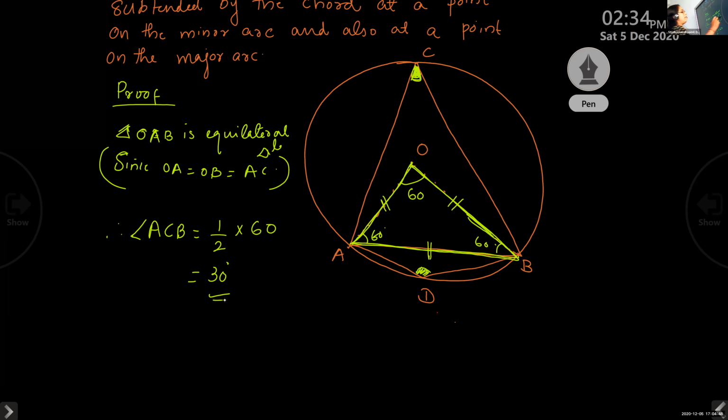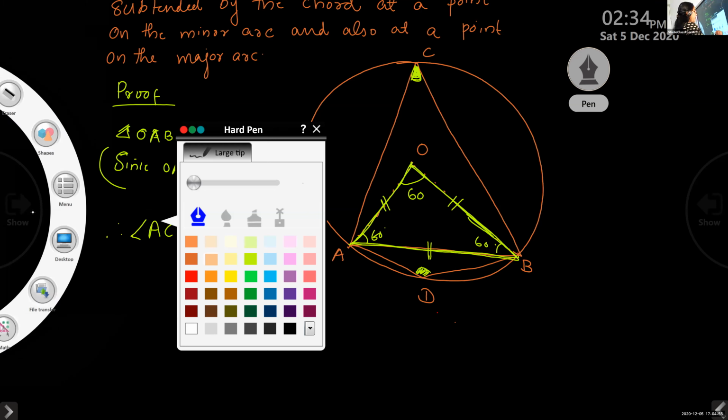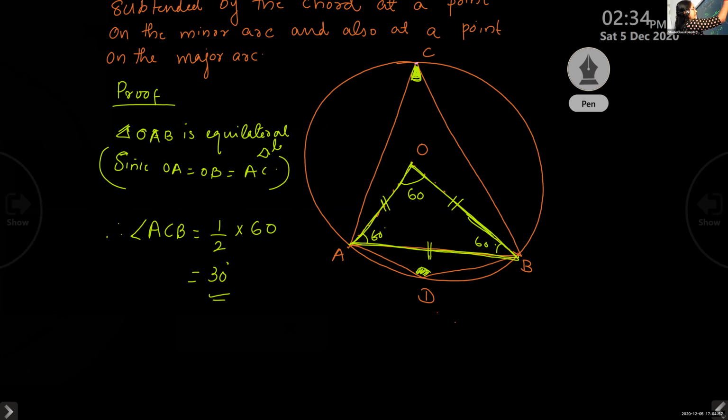Now, children, can you see a quadrilateral here? A quadrilateral with all four vertices on the circle. What type of quadrilateral is this? Quadrilateral ACBD.